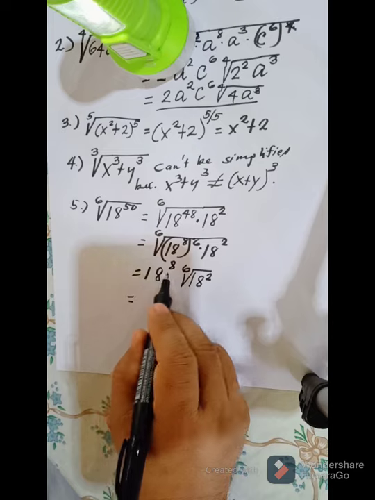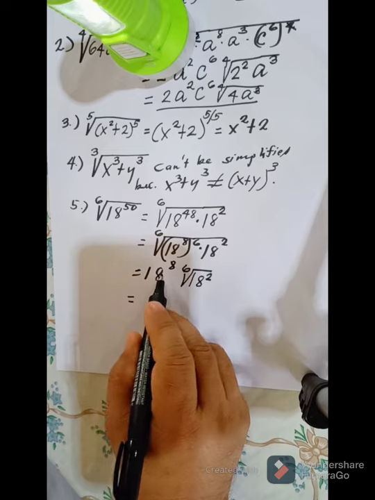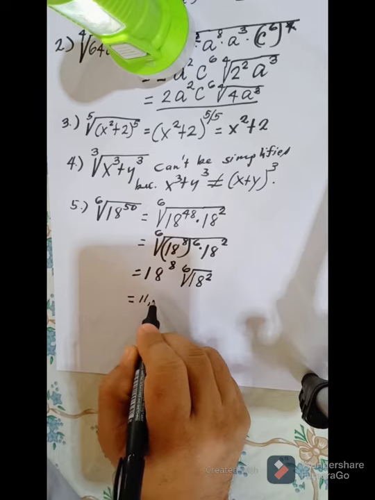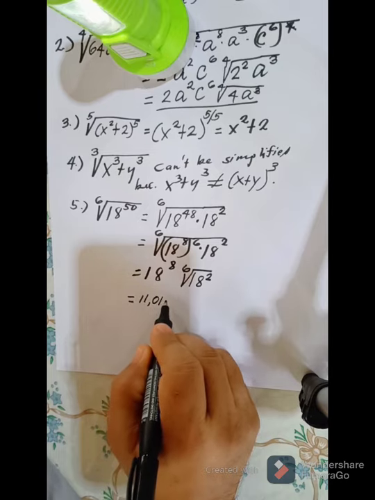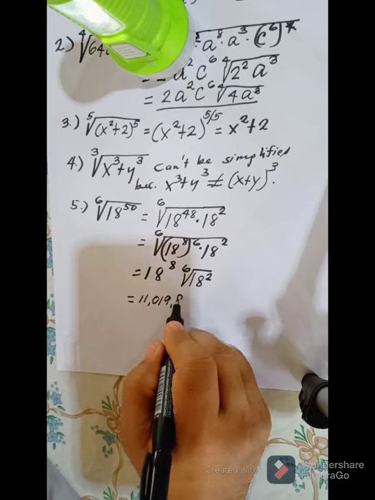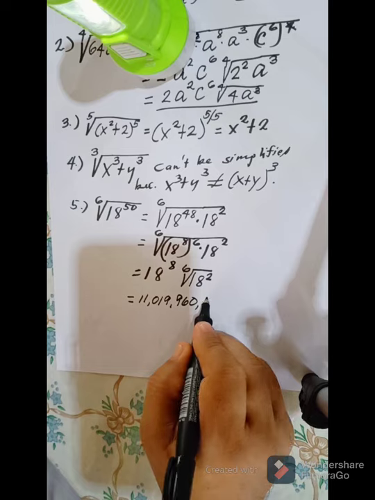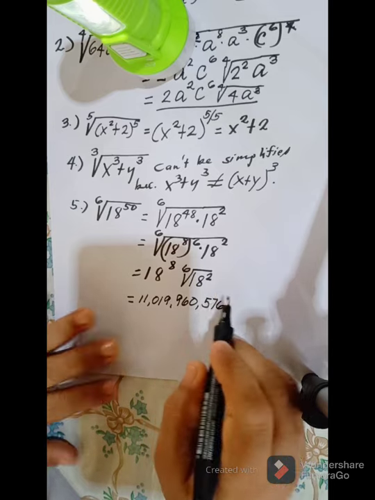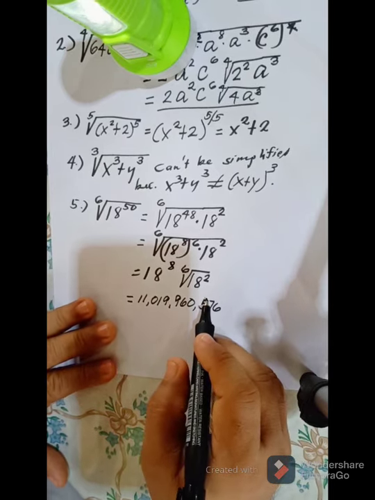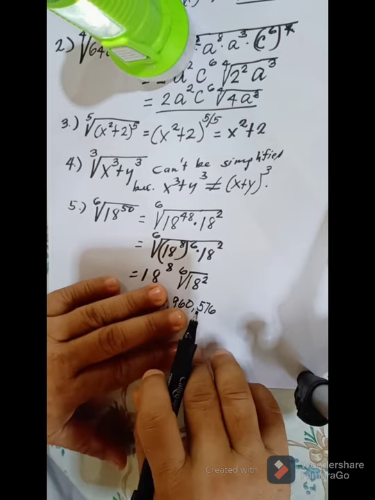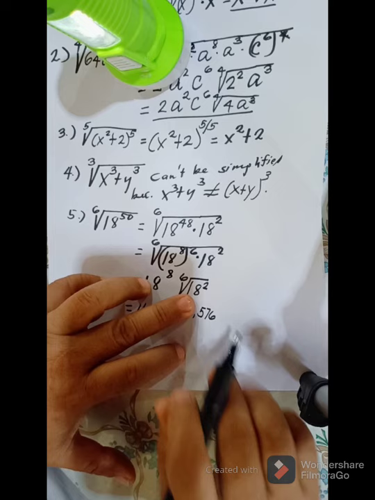So this is 18 to the power 8, which is 11 billion 19 million 960,576. What remains under the radical sign is the sixth root of 18 squared.